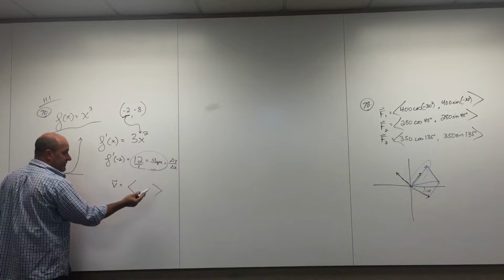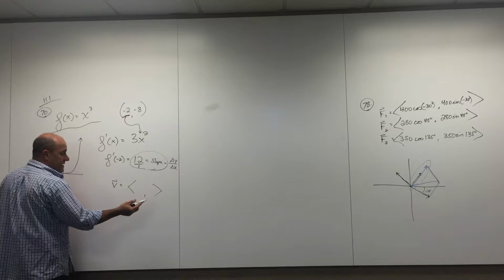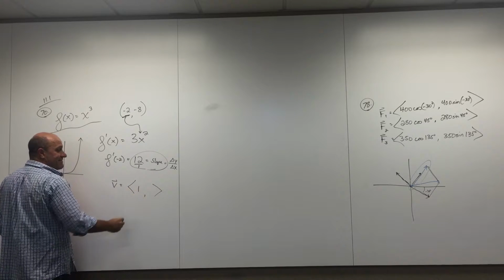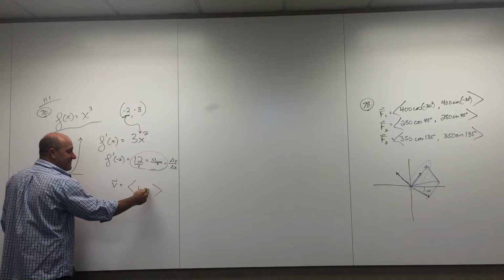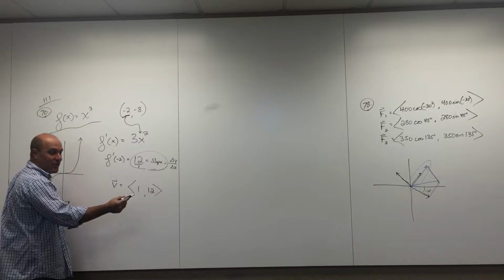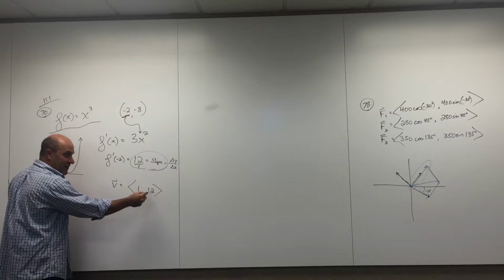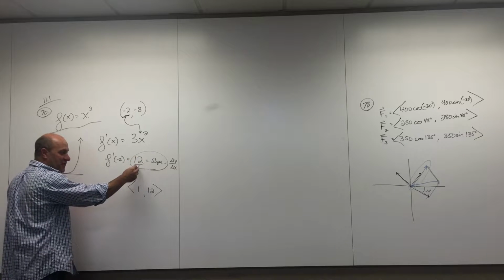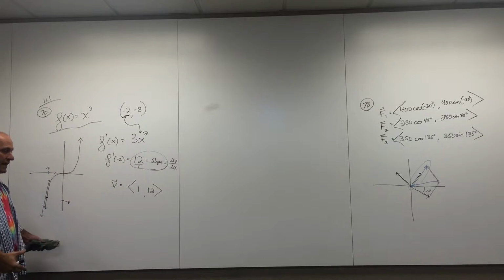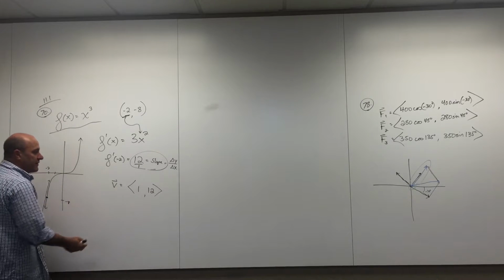Can I write a vector that does that? Well, yeah, the x should be 1, and the y should be 12, because it'll go over 1 and up 12. We got it. That's a parallel vector.